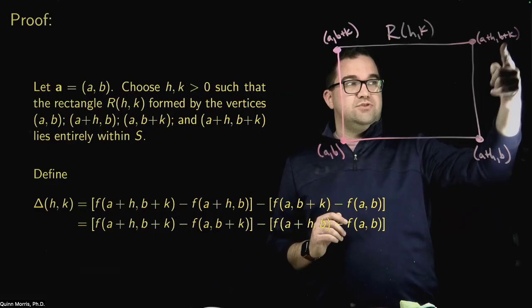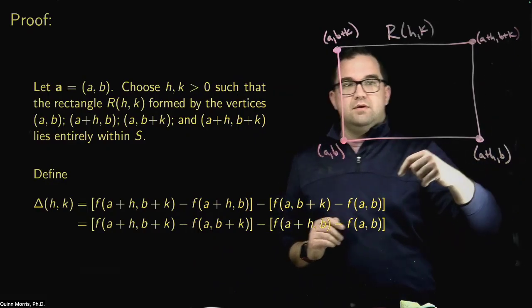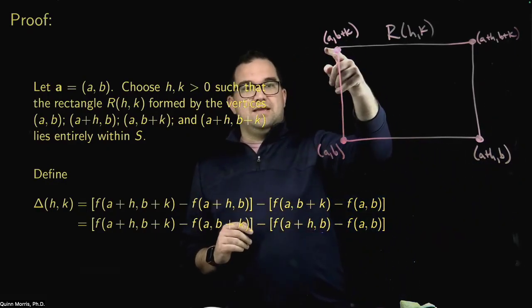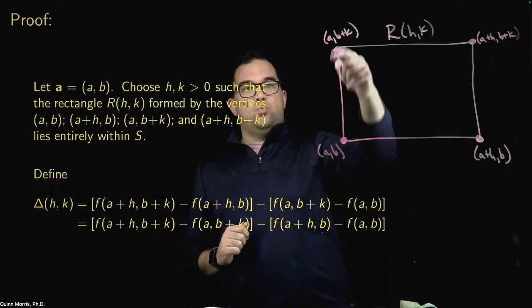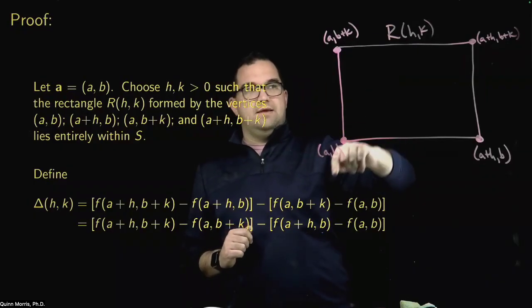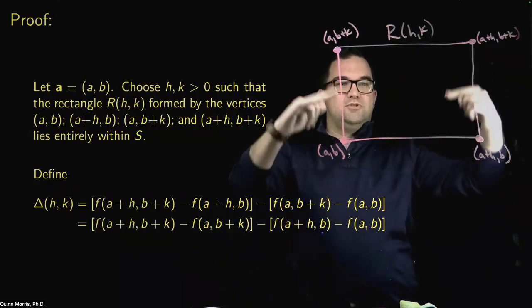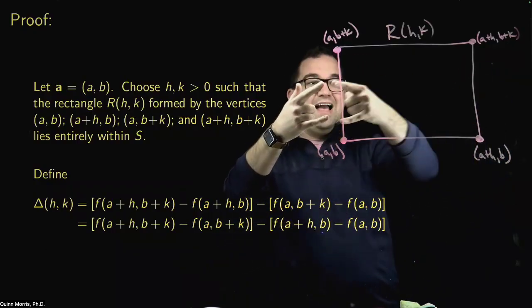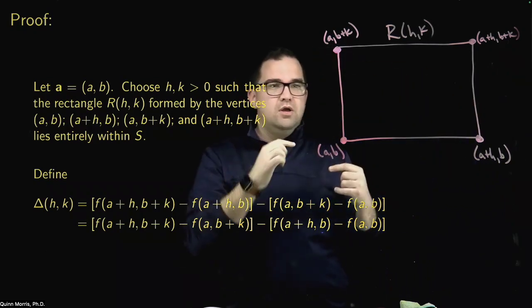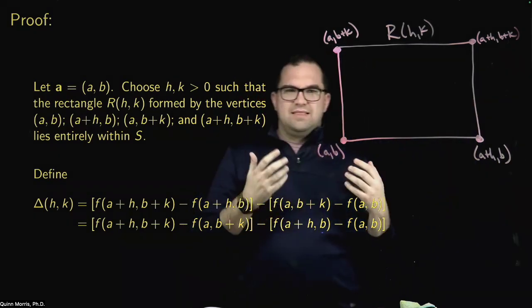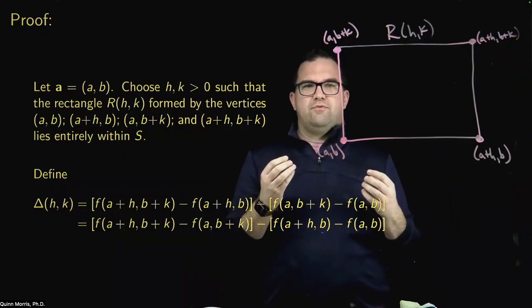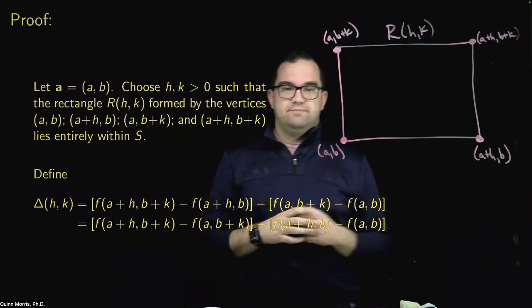My y value is changing from b plus k to b. And then I'm measuring how those changes with respect to the y variable change as I change my x variable. So somehow it does seem like this should encapsulate some information about a mixed partial derivative.